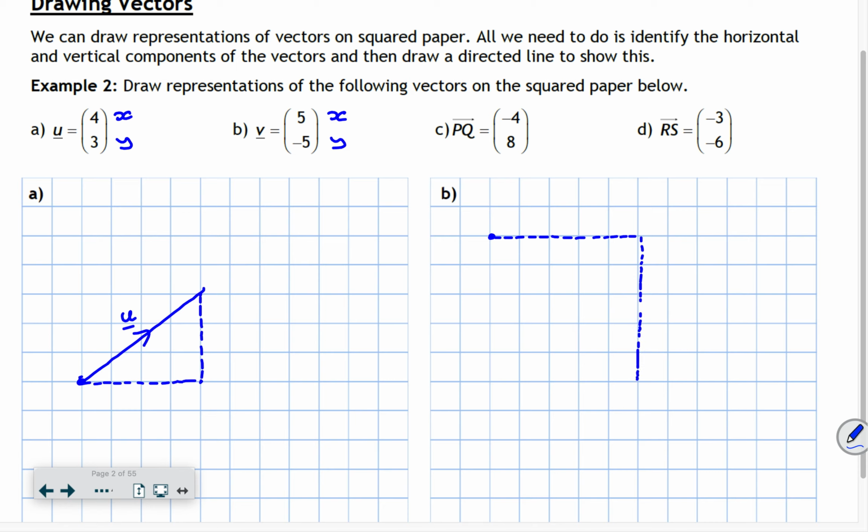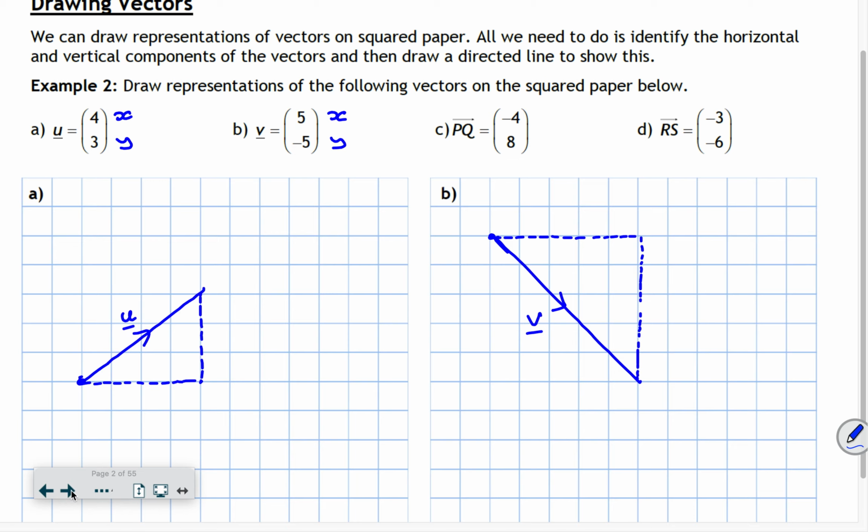And then just draw that vector in. So it always goes from where you start to where you finish. And make sure you put your arrow and the name of your vector. So this vector is called vector v. If it has a single letter, then you put a line under it. If it has 2 letters, then you put a line with an arrow above it. Okay?